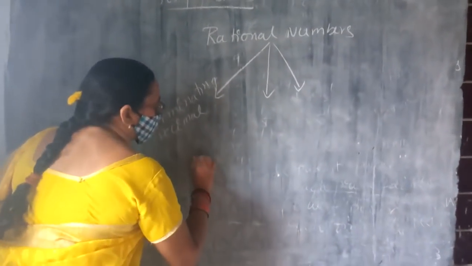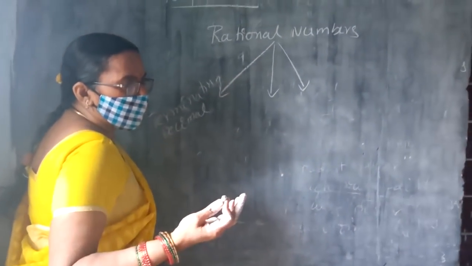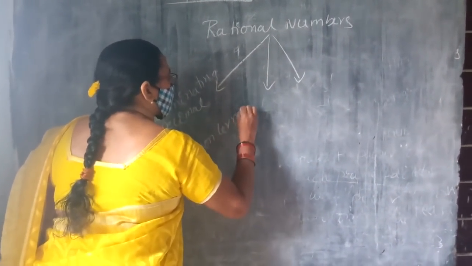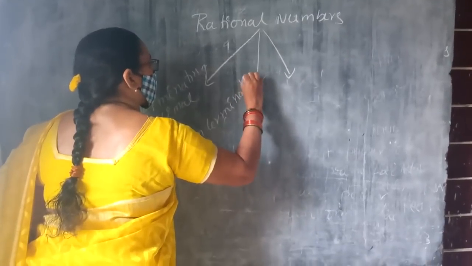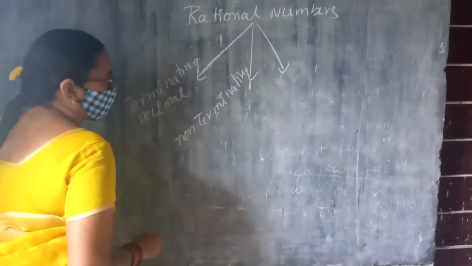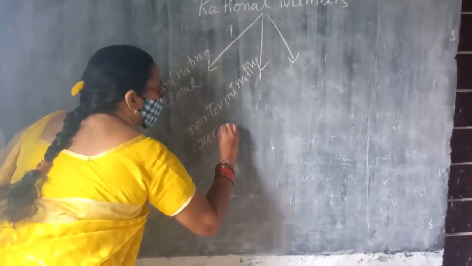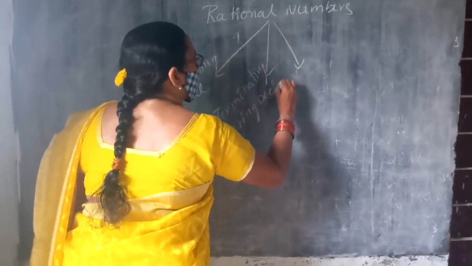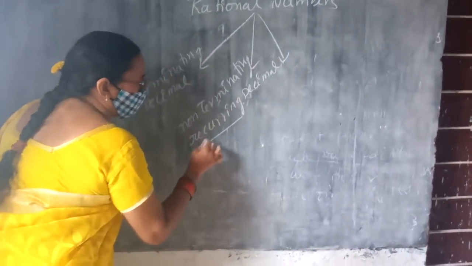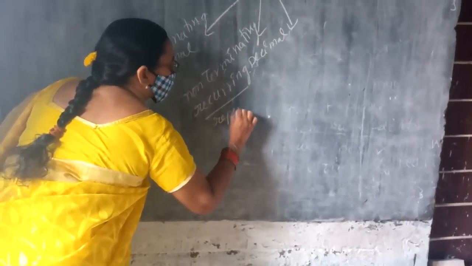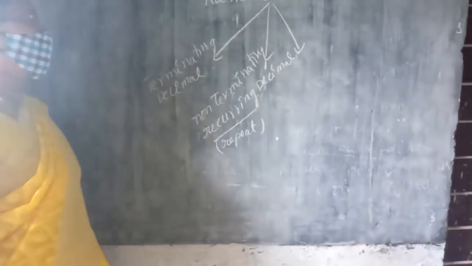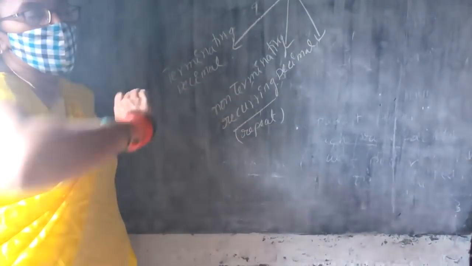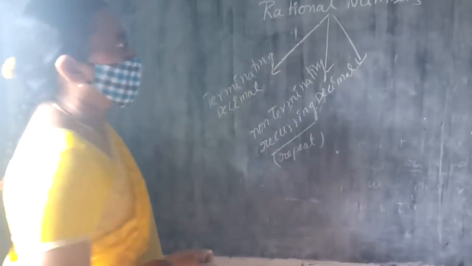Next, the second one, non-terminating recurring decimal. Recurring means repeat. What is the third one? Opposite word, non-repeat. That means non-terminating and non-recurring.